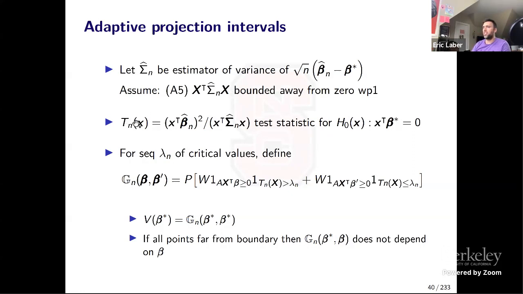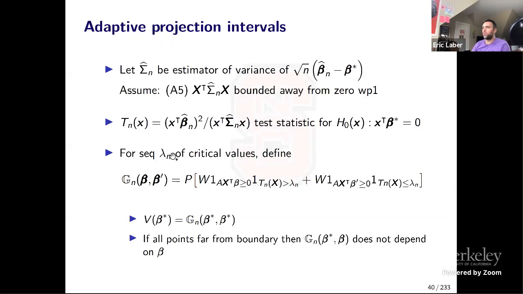And our test statistic is going to be X transpose beta hat divided by this quadratic form. The idea is that this thing will be small when X transpose beta star is close to 0 and big otherwise. And this is our test statistic for the hypothesis, for each X, that X transpose beta star is 0. So if this is large, then we're going to reject, and if it's small, then we would fail to reject.